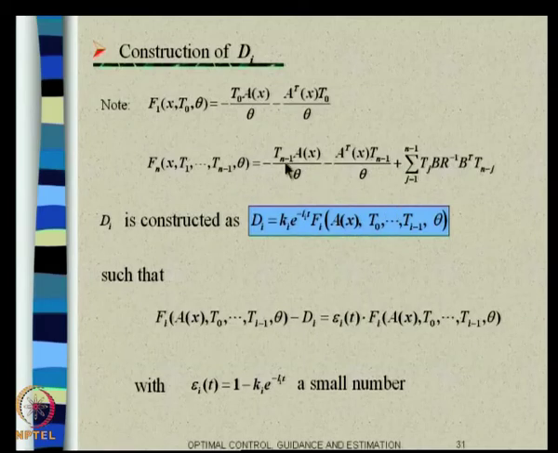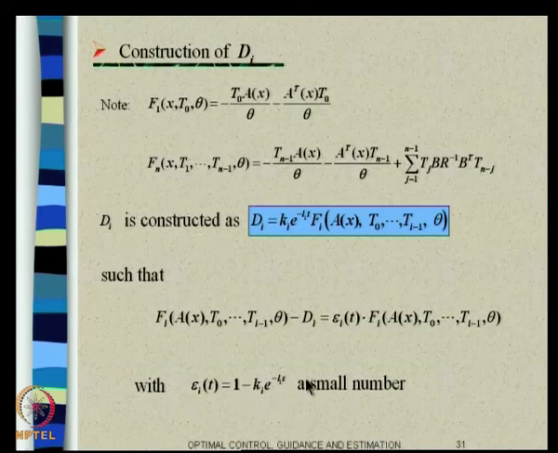And remember, this does not come naturally, but here the investigators have put some Ki and Li, which is claimed as an additional tuning parameter. If you take Di this way, then this equation will be satisfied, where epsilon i is in this form.